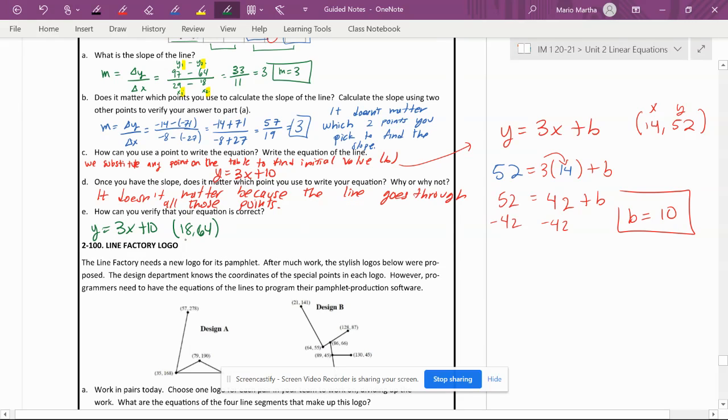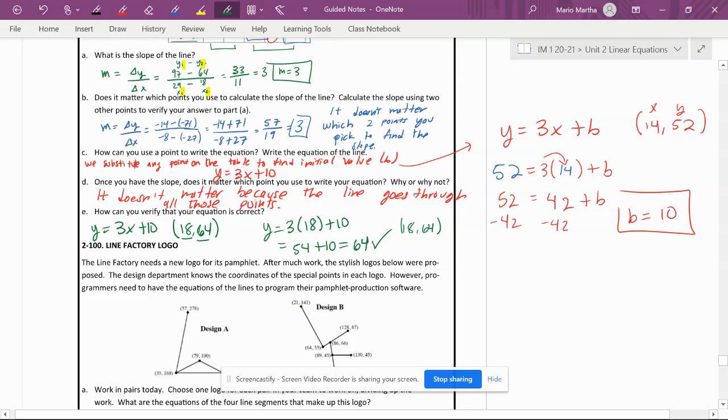If we plug in 18, we're supposed to get 64. So y equals 3 times 18 plus 10. 3 times 18 is 54. You add 10, you get 64. So that checks out. That way we know for sure it's correct, because it gives us the same value, 18 comma 64.